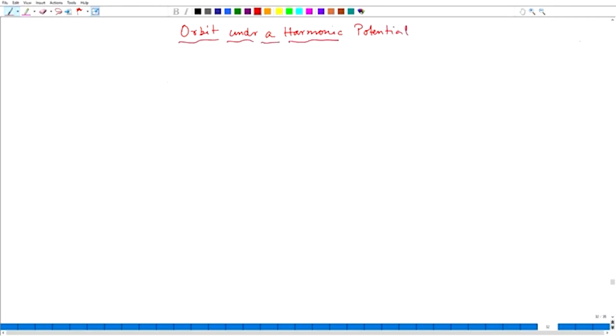So, here again the routine process is to go through the Binet equation, which is nothing but d2u d theta 2 plus u is equal to minus the force law by m h square u square. And f of 1 over u is equal to simply minus k by u, because this is equal to minus k r.